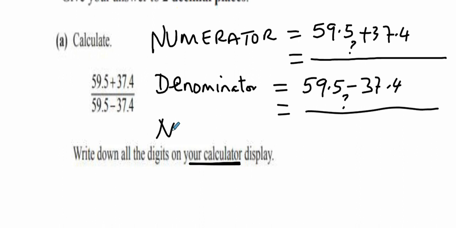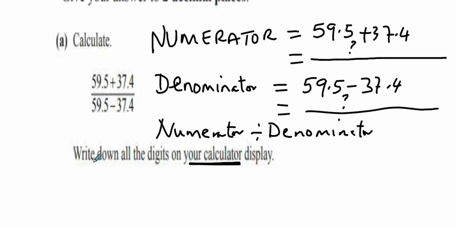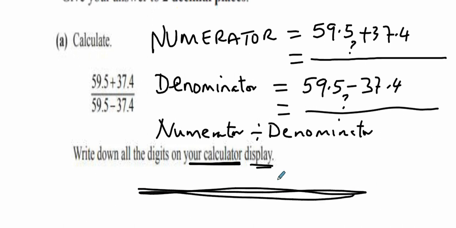That means take the answer for the numerator and then divide by the answer you got for the denominator. You see? So that will be your final answer, which you are going to write down with all the digits on your calculator display. So you write all the digits of your answer which you got over here.